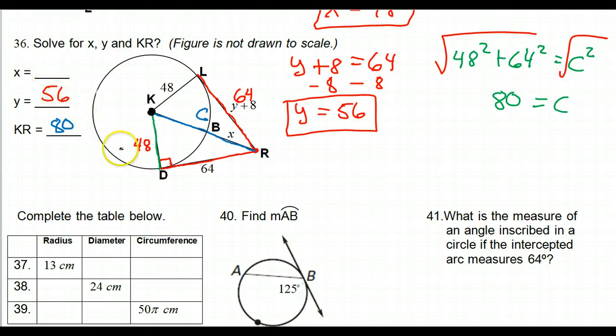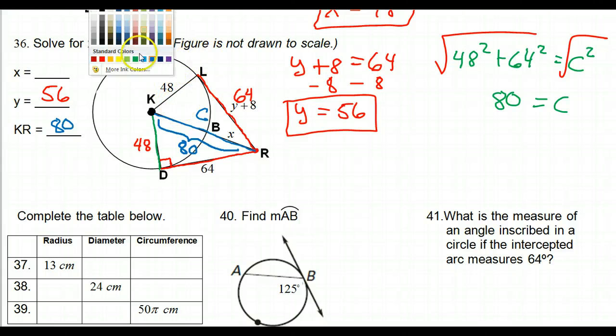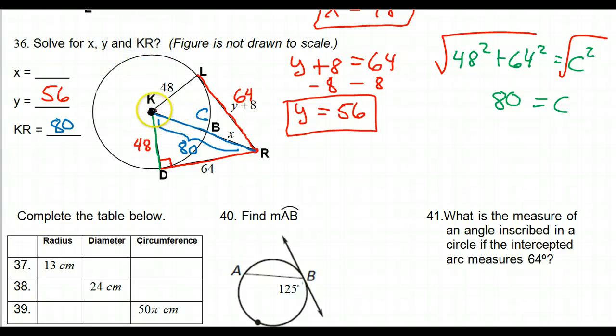And that just leaves x. But look, if this whole thing is 80, from here to here, see these 48s? We know that the radii will always be the same. So if this is 48, then this will be 48, from here to here.